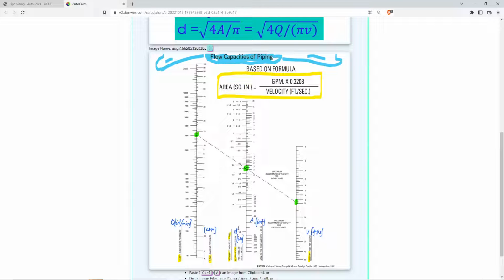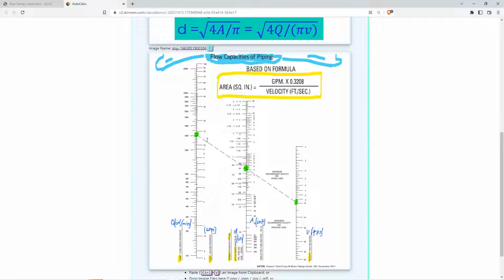What this does is, between this area, GPM for flow capacity, and velocity, between these three quantities, if we know any two, then we can calculate the third. But actually for the pipe, what we are interested in is the pipe diameter rather than the area.